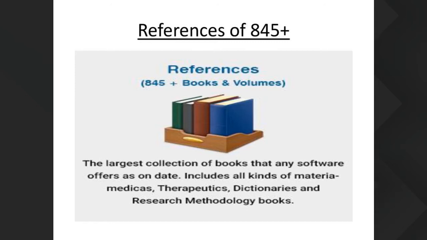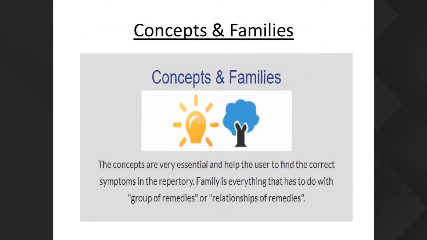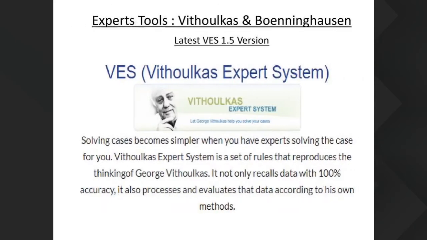You will be getting around 1700 books and volumes in the software. You will be getting concepts and families, which will make your repertorization quicker and easier. There is the Vithoulkas Expert System in the software. You will be getting the latest 1.5 version of the Vithoulkas Expert System in Radar Opus.